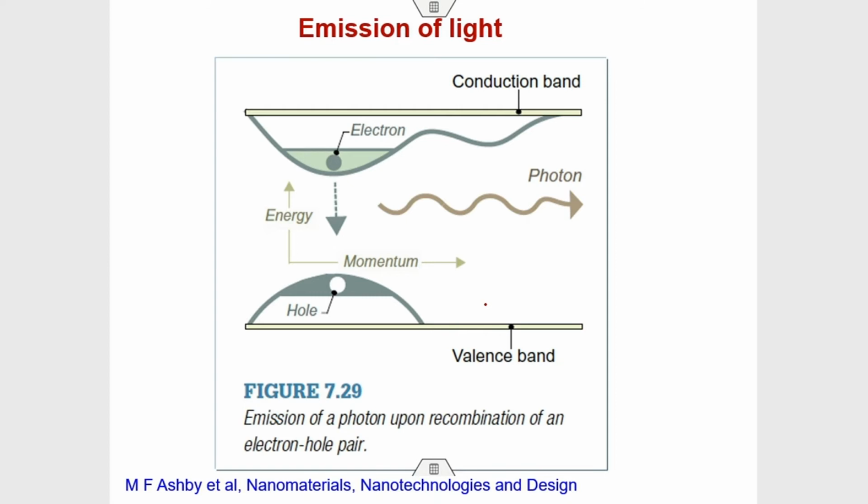But as I said, emission of light is also possible, when an electron jumps from the valence band to the conduction band, and then it comes back because of energy reduction, and a photon can be emitted. And this is something which we will be discussing a lot today.